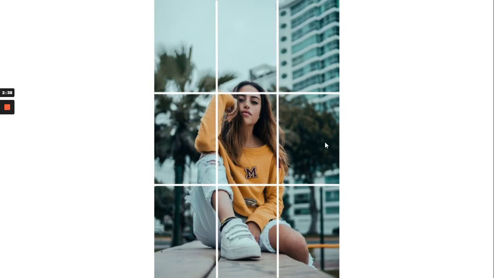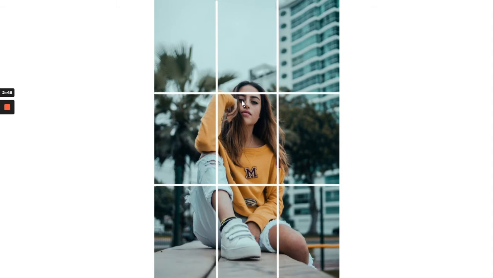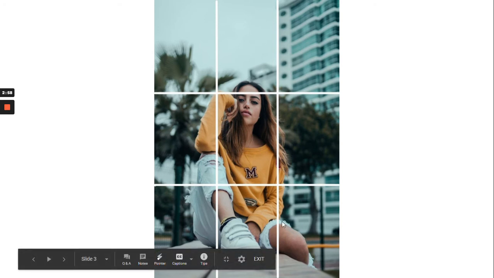Another way to use the rule of thirds, as opposed to having the main image on either this line here or this line here, is just having something right in the middle. The focus doesn't have to be exactly in that square, but the weight or the focus of the picture is mostly taking up the middle of that grid.